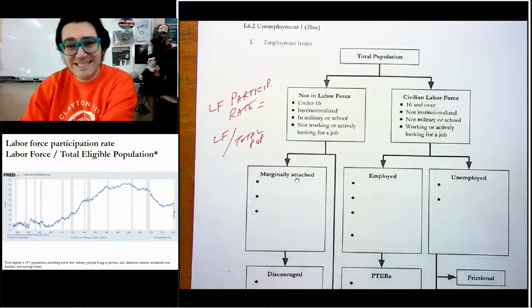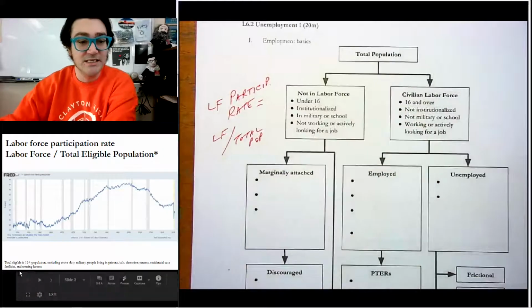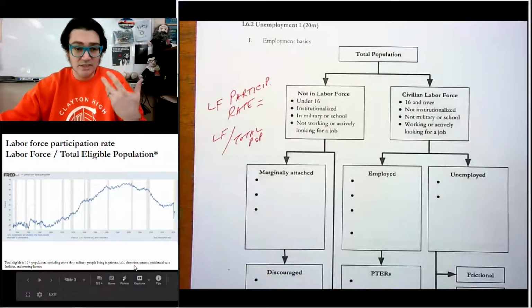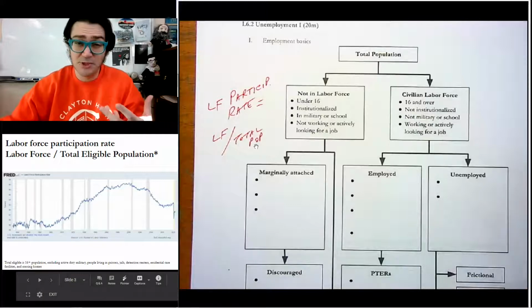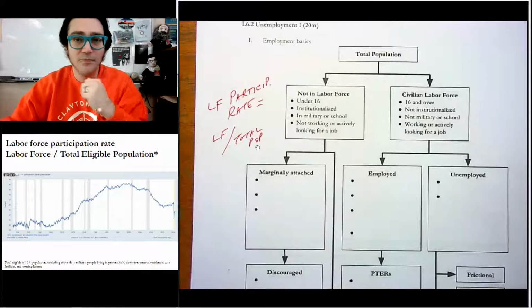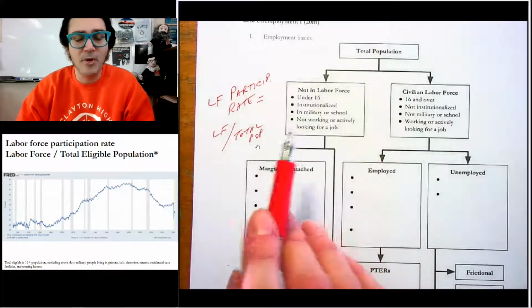Realistically, in the real world, the total population is people 16 and over, and it excludes the military and people who are institutionalized in residential care facilities and that kind of thing. So the labor force participation rate looks at a slightly different measure of the total population. But for our purposes, we don't have to worry too much about that part.